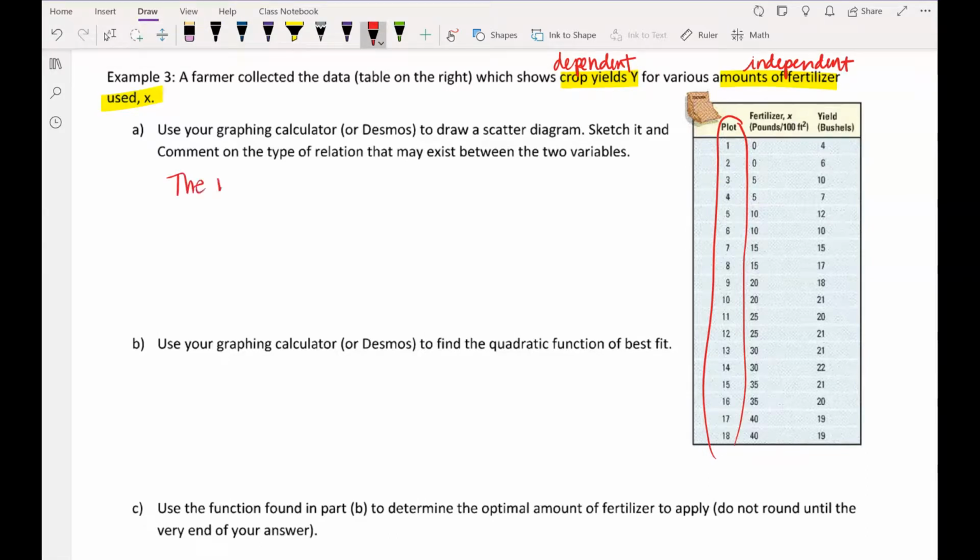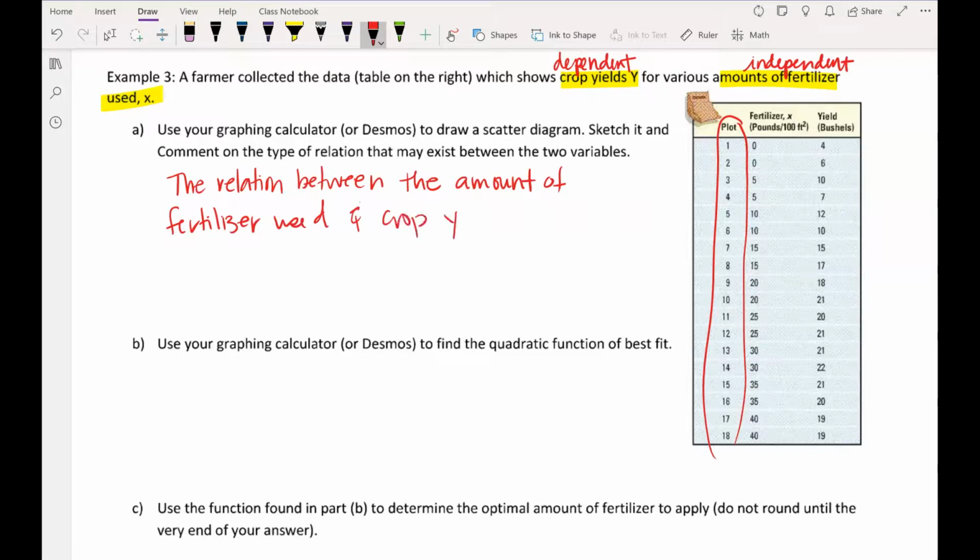So draw the relation between the amount of fertilizer used and crop yield is non-linear.